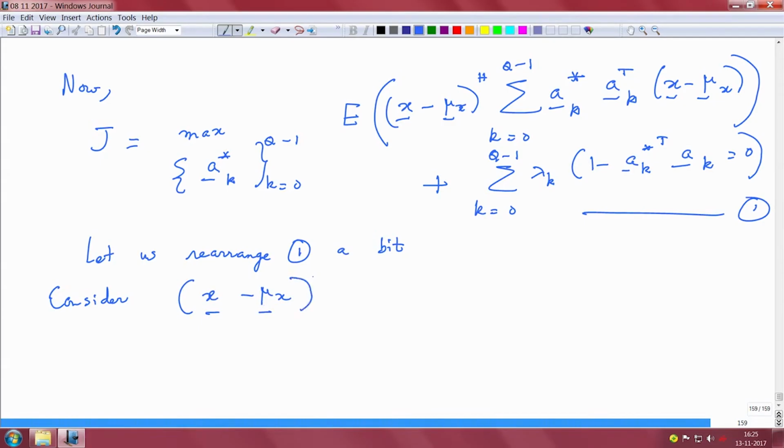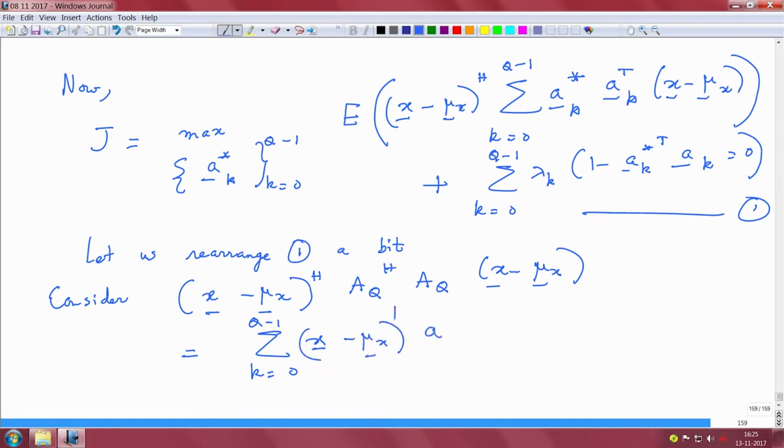I consider (x minus mu x) Hermitian times A_Q Hermitian A_Q times (x minus mu x), and I said this could be written as summation k equals 0 to Q minus 1 of (x minus mu x) Hermitian times A_k conjugate times A_k transposed times (x minus mu x).